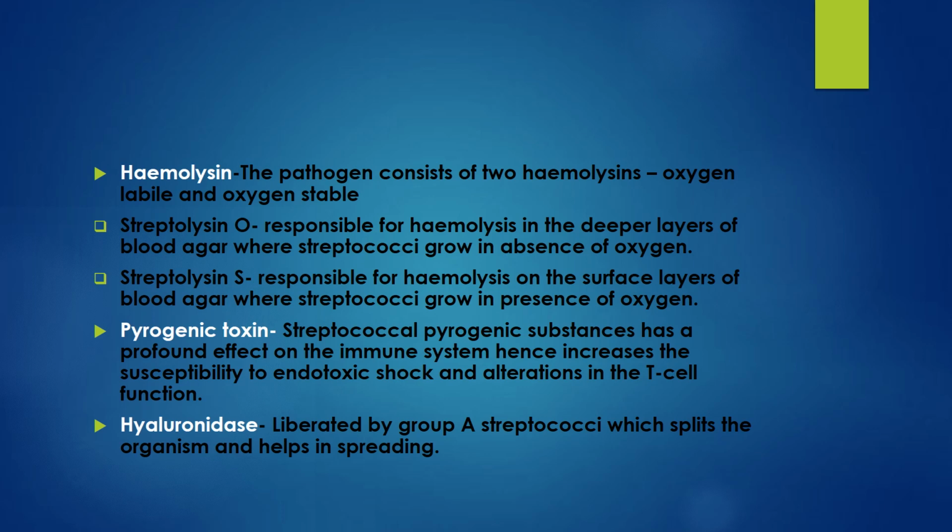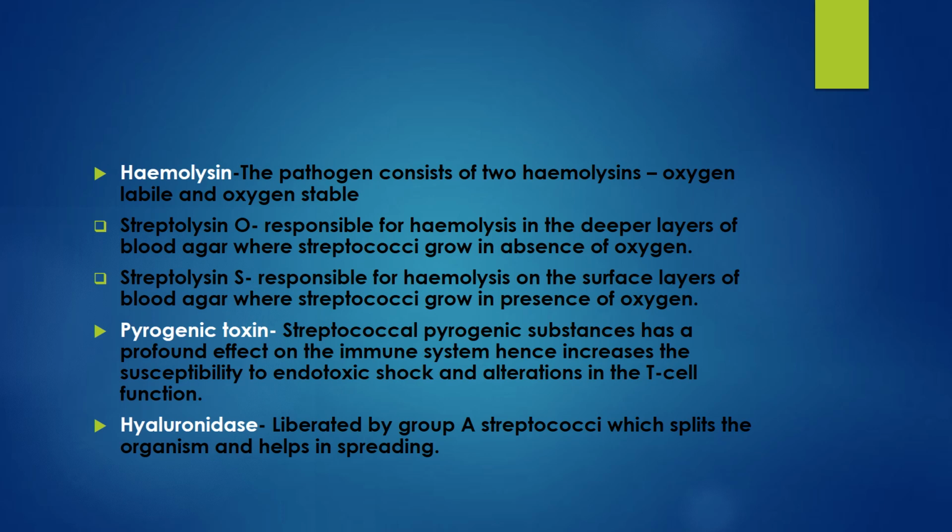Next is the pyrogenic toxin. Now, streptococcal pyrogenic substances or toxin weaken the immune system, hence the susceptibility towards endotoxic shock and alterations in the T cell function increases. Now, as the T cell function is altered, the immune system is dampened or damaged.